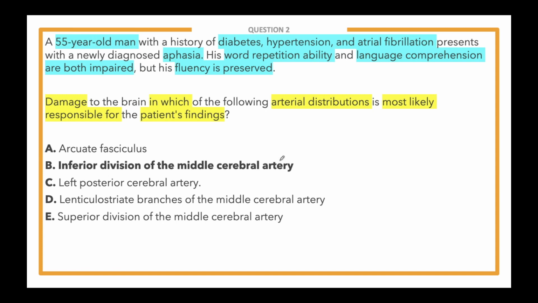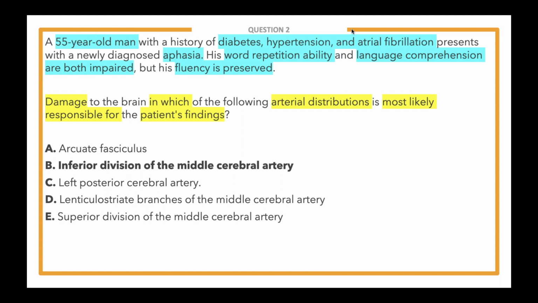And then lastly, arcuate fasciculus. A stroke in this would result in conduction aphasia. Remember, this is kind of that link between the two areas. And with this, you have issues with repeating what is said, but your comprehension and fluency are preserved. We know our patient's comprehension is impaired, so a lesion in the arcuate fasciculus is not as good of an answer choice. So answer choice B would be the best answer choice of these answer choices.